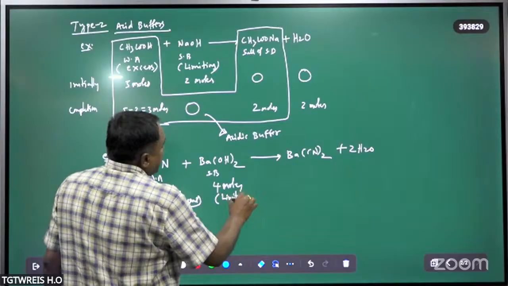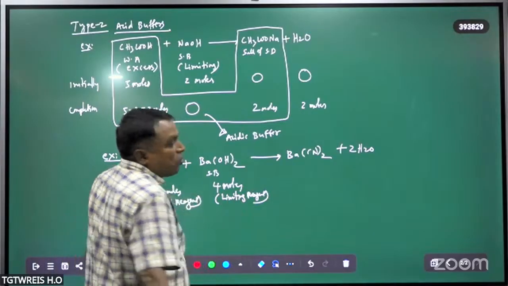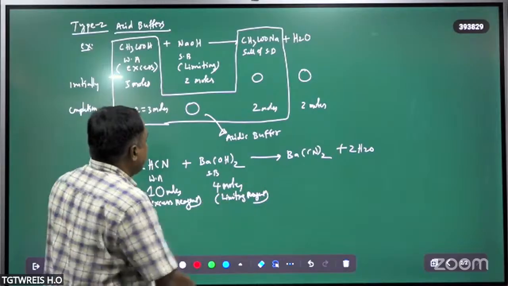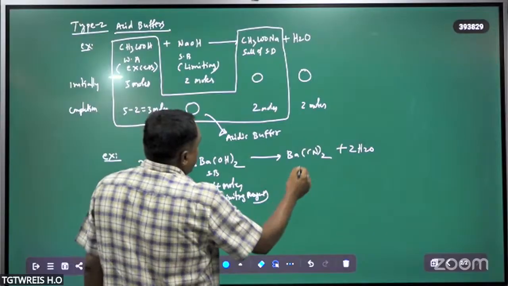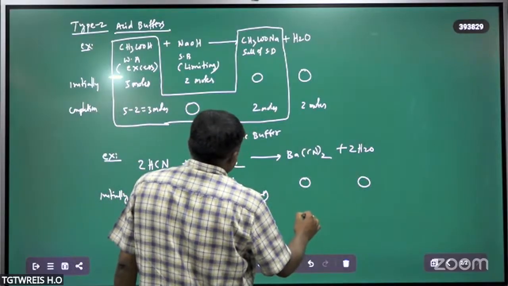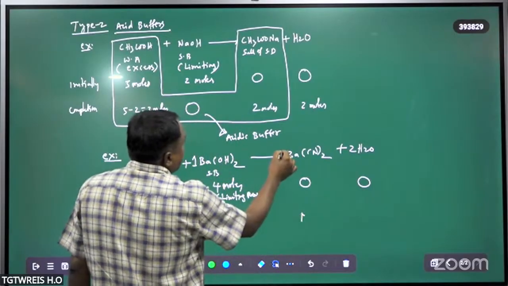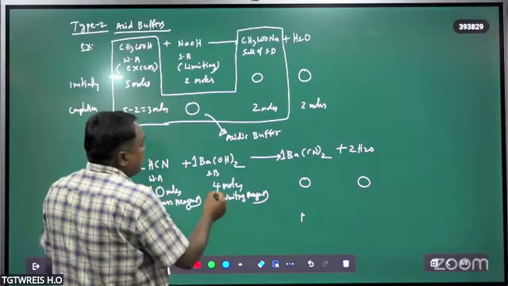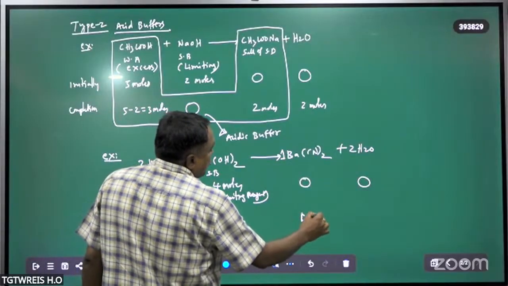The limiting reagent decides the product formation in the reaction. Therefore, barium hydroxide is how many moles in this case? 1 mole. Therefore, barium cyanide, initially it is 0. But how many moles now? 4 moles. For 1 mole you will get 1 mole of barium cyanide. For 4 moles you will get 4 moles of barium cyanide.